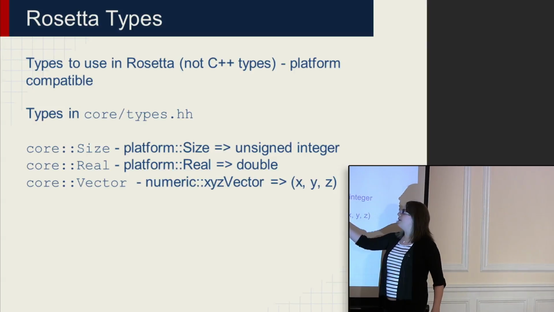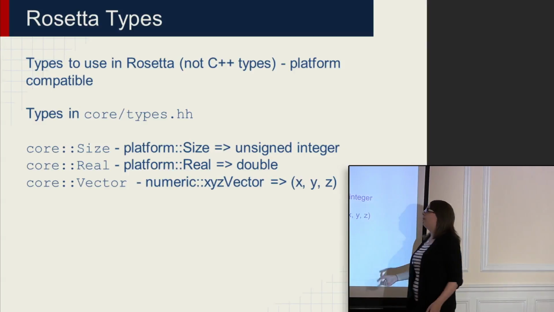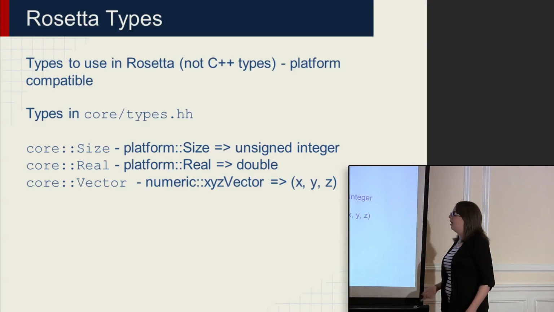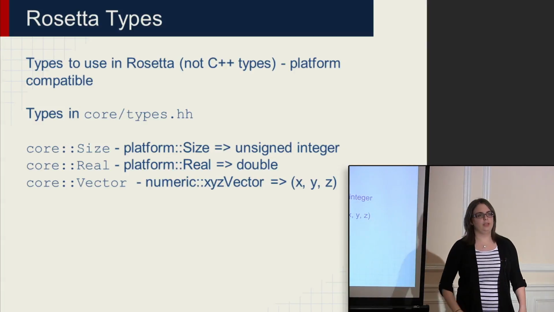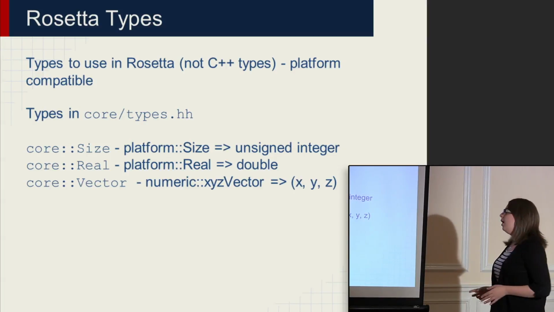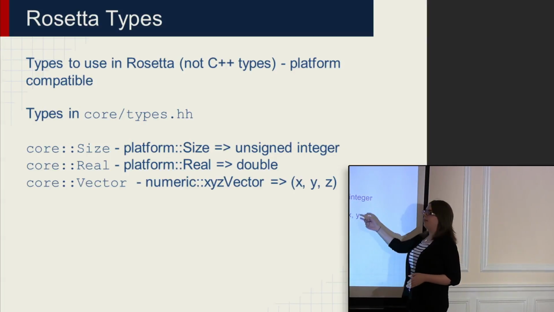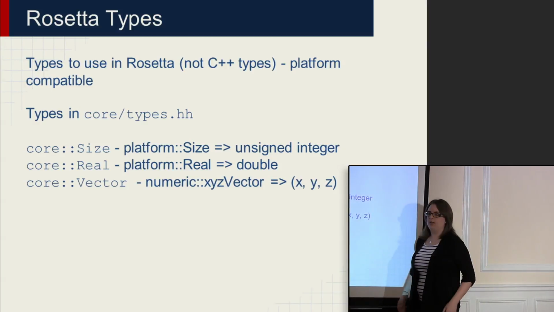A core real is a typedef from a platform real. This is in other languages a double. And then a core vector is a numeric XYZ vector, so just an XYZ 3D vector. These will show up a lot throughout Rosetta, and they're useful to know about. Some of these have additional functions that are useful to call, like with an XYZ vector you can fill.